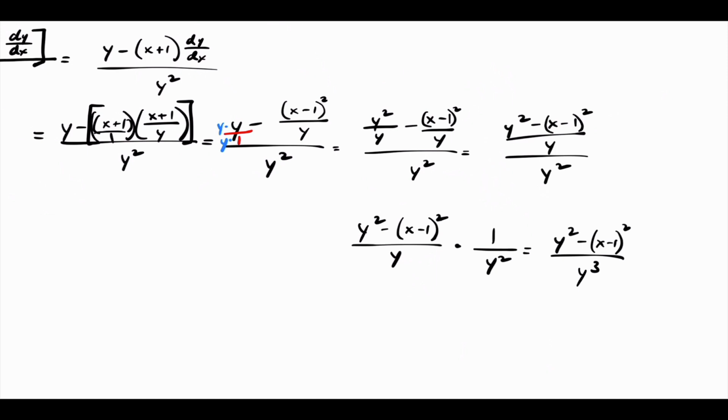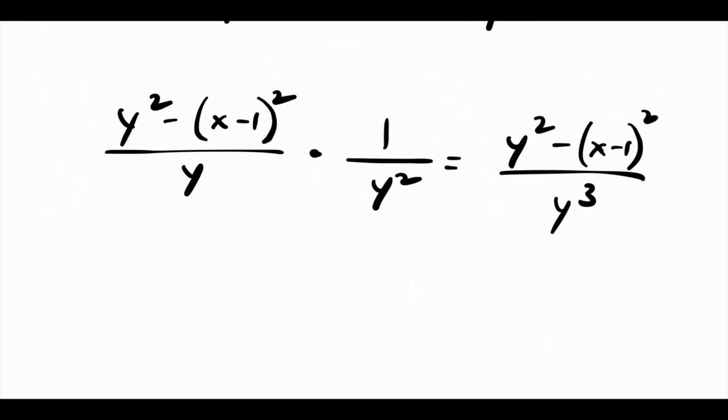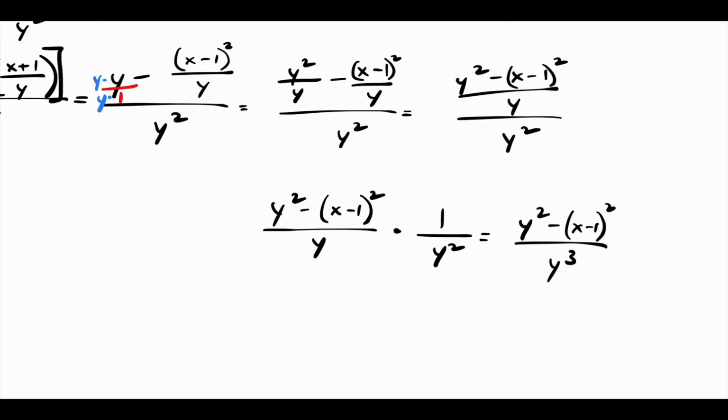Can I cancel some powers out? I can't. Why not? Because of this subtraction. Because of this subtraction, I can't do that. You're done. That's as far as I can go. You could FOIL x plus 1 squared, but it's not necessary. It's not going to help us cancel anything out because it'll just give us more x's.